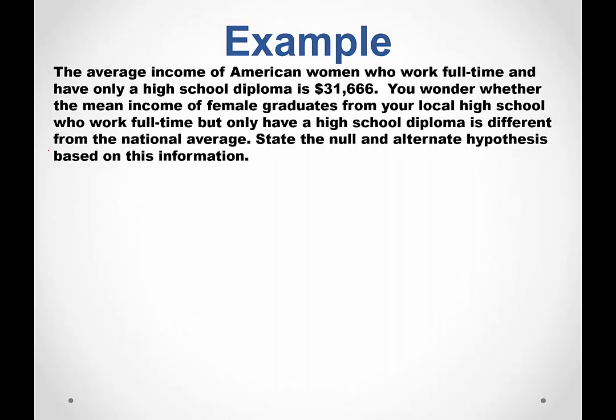Okay, here's our second example. It says that the average income of American women who work full-time but only have a high school diploma is $31,666. Now, you think that the graduates from your local high school have a different average income. So you think that the students that graduated from your local high school but only have a high school diploma and work full-time is different from the national average.